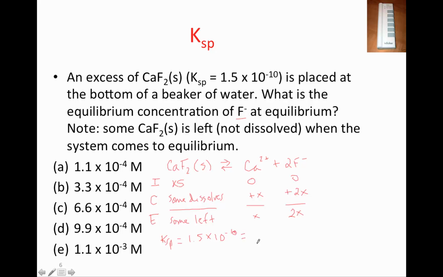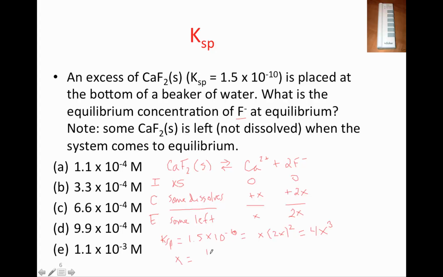This is equal to x times 2x quantity squared. I do a little bit of algebra here, and I see that this is 4x cubed. And so this means that x is equal to, if I'm working off of this, I guess we could work off of this.